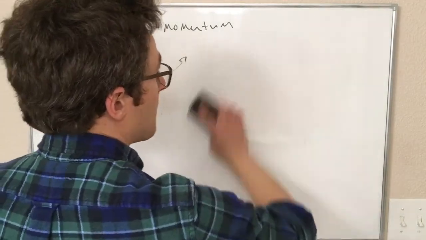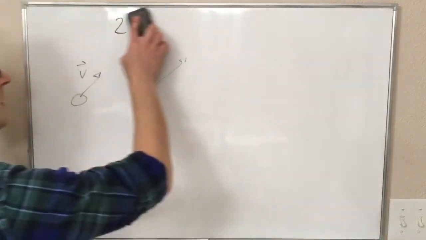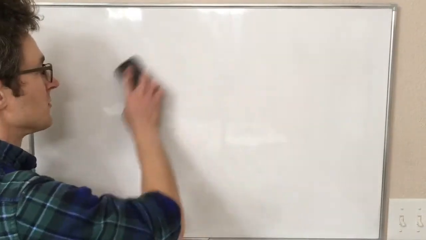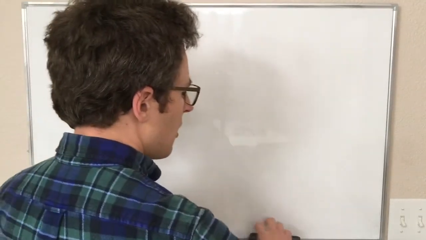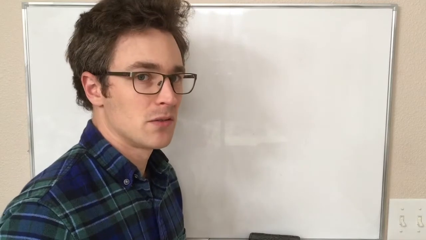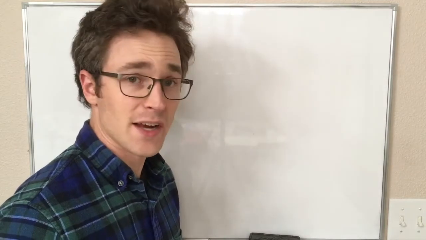While I'm erasing, 2D momentum problems are going to be a little different than 2D kinematics problems and 2D force problems. And the reason for that is our 2D momentum cannot be conserved if there is an external force on it.